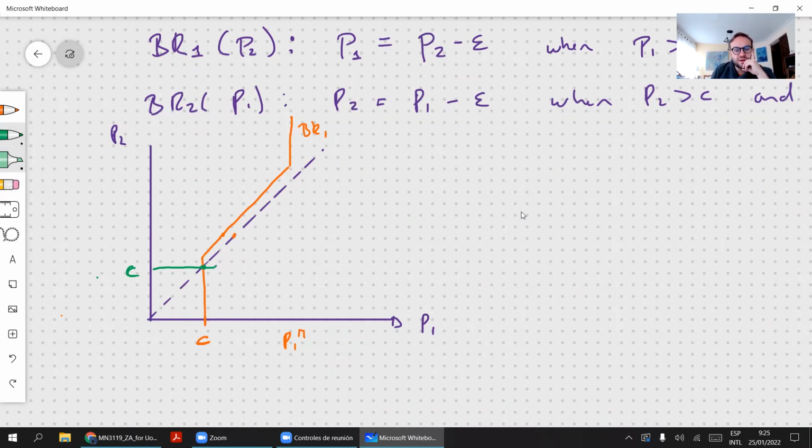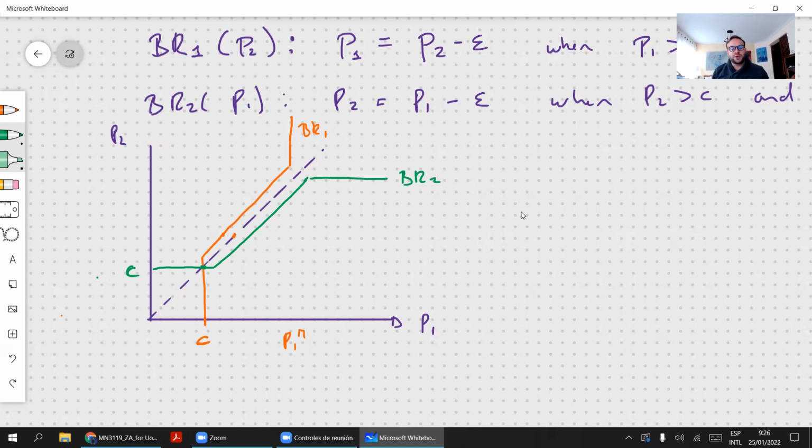So I'm going to be a bit to the right or under the 45-degree line. And then I have again a maximum. It is never convenient to ask for a price that is larger than the monopoly price. So this is the best response of firm 2.